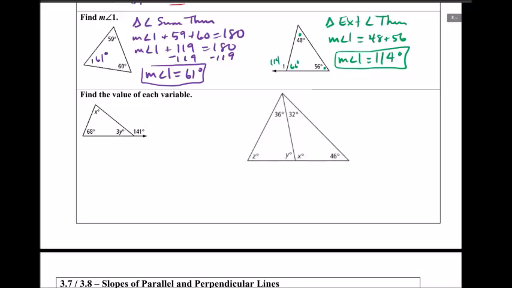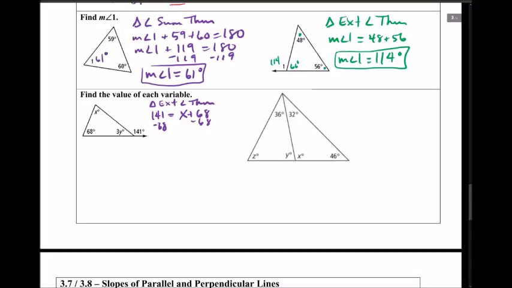I think the first thing we should probably find out is the measure of angle x, and I'm going to use my triangle exterior angle theorem first that says 141 degrees is x plus 68, right? My exterior angle is the sum of my two remote interior angles. Subtract 68 from both sides.